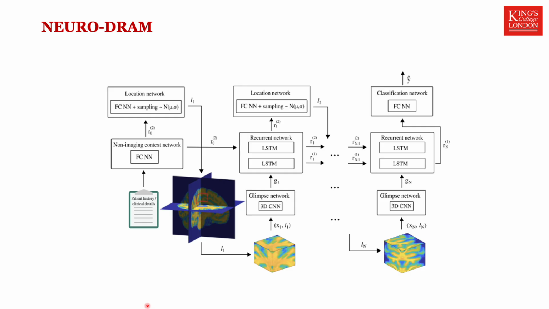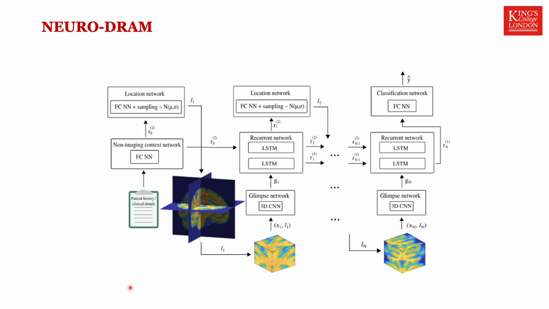Another really interesting model where LSTMs have been used, again in imaging data, uses the text that describes, for example, an exam of a patient to improve the way we can classify and diagnose these patients.